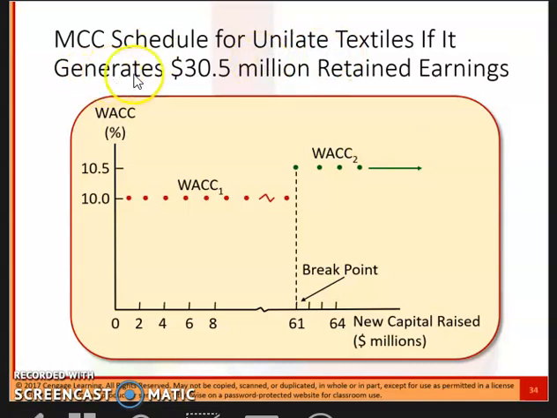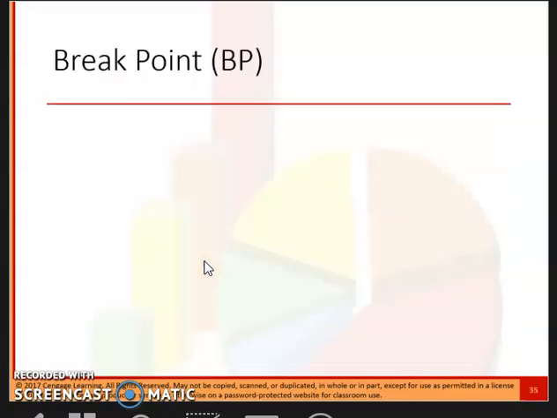If it generates $30.5 million in retained earnings, what is the break point? To calculate our break point, in this case it's $61 million, and that's based on the percentage of common equity with regard to the capital structure of the firm.